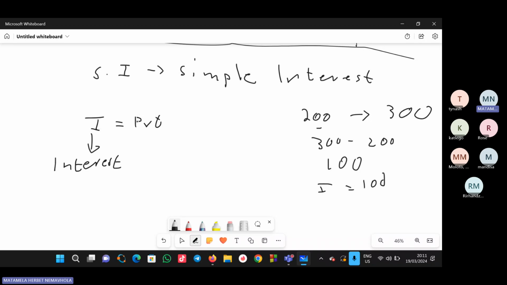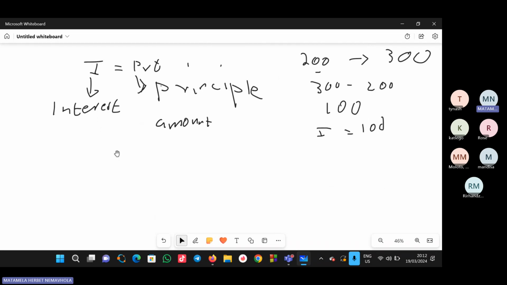The P here means principal amount. The principal amount is the amount that you are working with. It can be an investment.